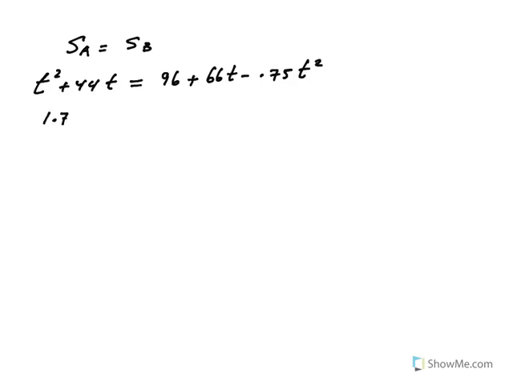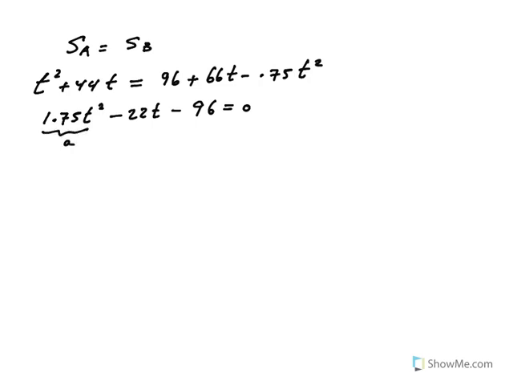So SA equals SB, right? SA was t squared plus 44t, and SB was 96 plus 66t minus 0.75t squared. If we bring all the terms to one side, we get 1.75t squared minus 22t minus 96 equals 0. A quadratic equation, so use the quadratic formula.